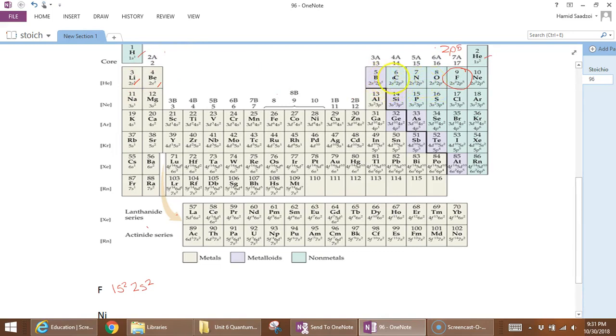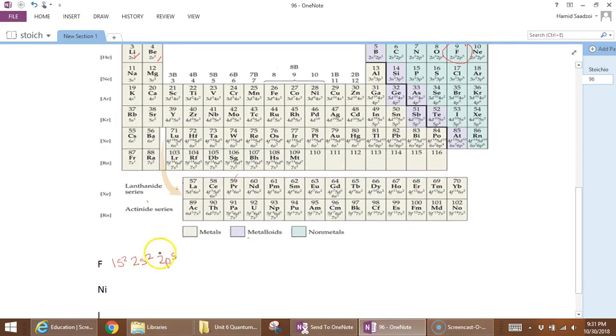You go P1, P2, P3, P4, P5. So my stop sign is P5, and I will put 2p5. Now I can verify that I did it correctly by counting my total number of electrons. Fluorine has atomic number 9. You can see down here, you have 5 plus 2 plus 2. That's 9 electrons, so I'm good to go.